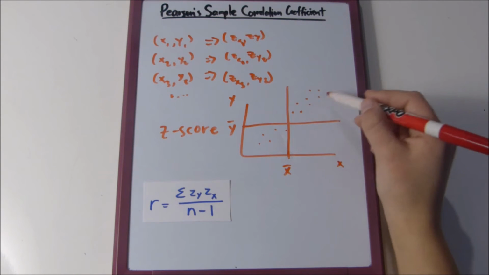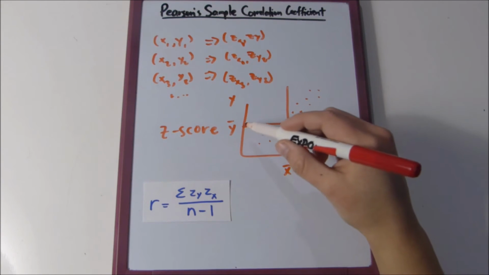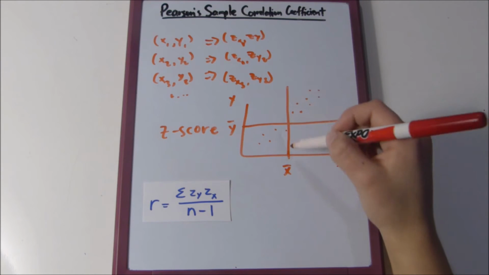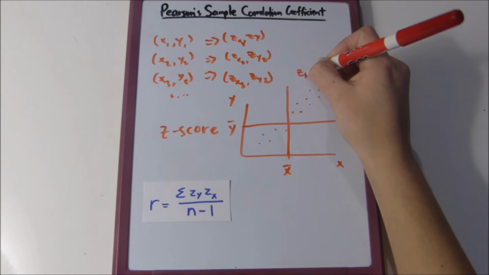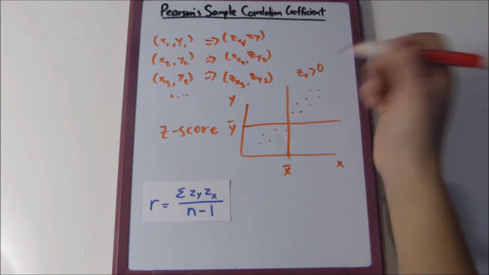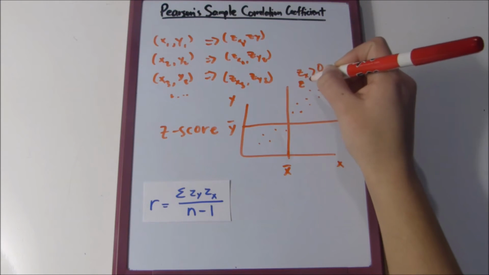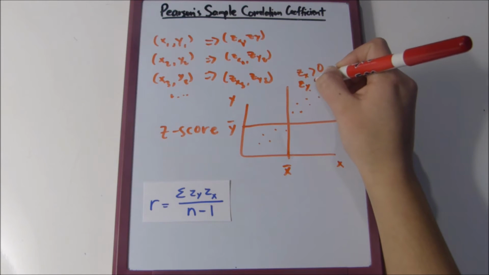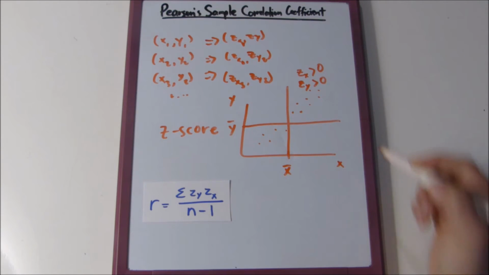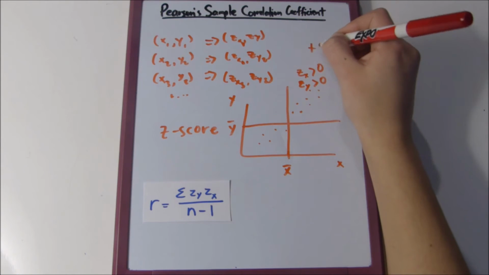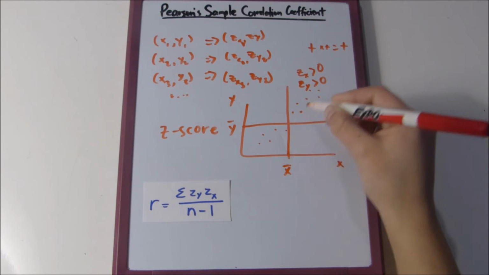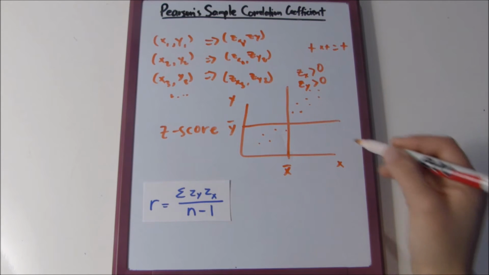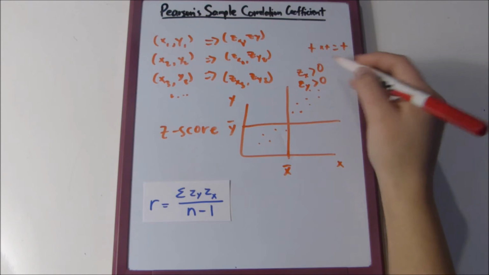So these points here, they're not only above the value of the y mean, but they're also above the value of the x mean. So that means that our z-score for x would be greater than 0, positive, and our z-score for our y value would also be greater than 0. And if you multiply a positive by a positive, you end up with a positive, right? So the sum of these points are all going to be positive.